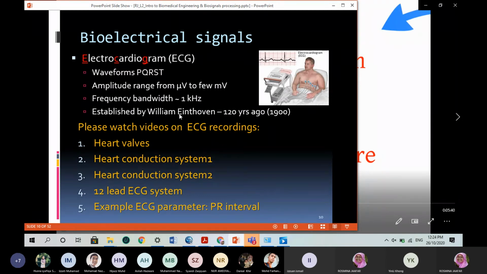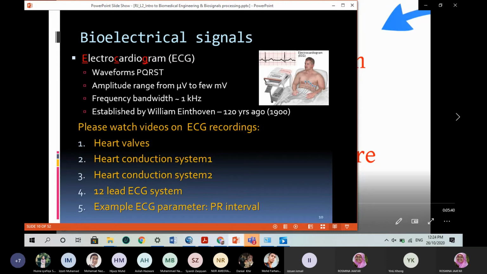And ECG is the most established electric signal.